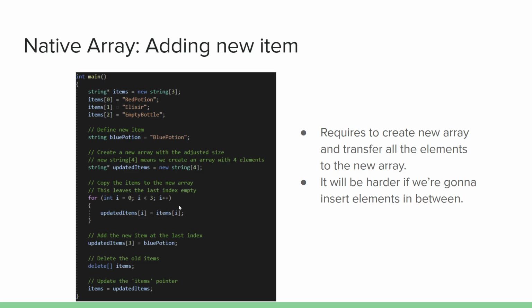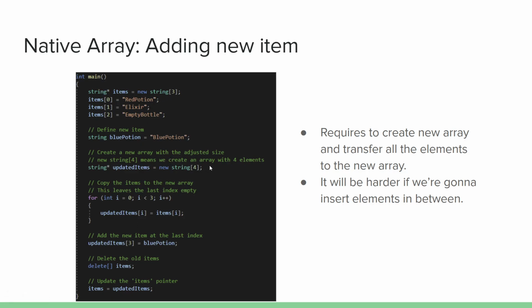I have to set it here. And then finally, on the last one, which is updated items 3, I will set the blue potion. And then you delete the items, and then finally, set items to updated items.